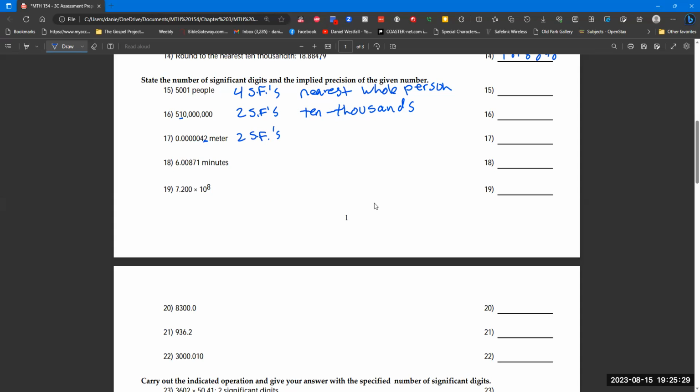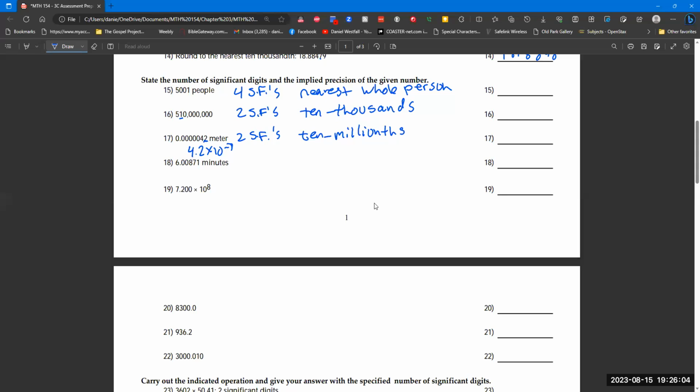Let's write that in scientific notation to help me. That's 4.2 times 10 to the negative 1, 2, 3, 4, 5, 6, 7, right? So that's in the 10 millions place. Let's see if that's right.